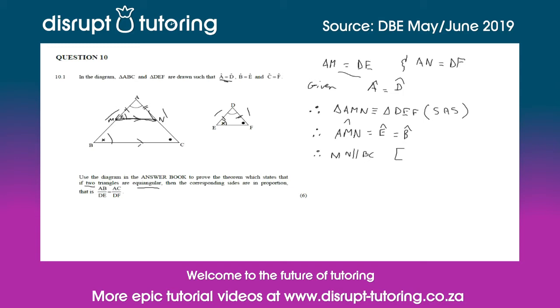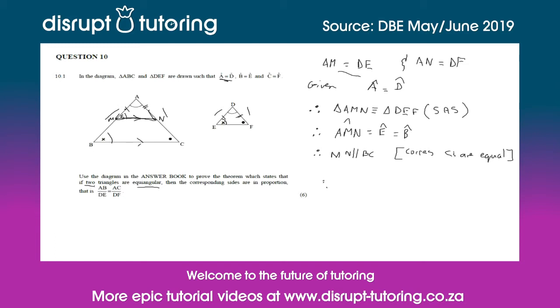So the reason being corresponding angles are equal, using your triangle theorem. And now using the theorem, lines parallel to one side of a triangle are proportional, we can conclude that AB over AM should equal AC over AN.